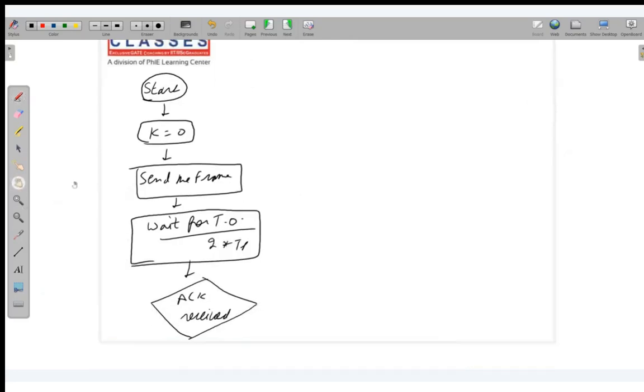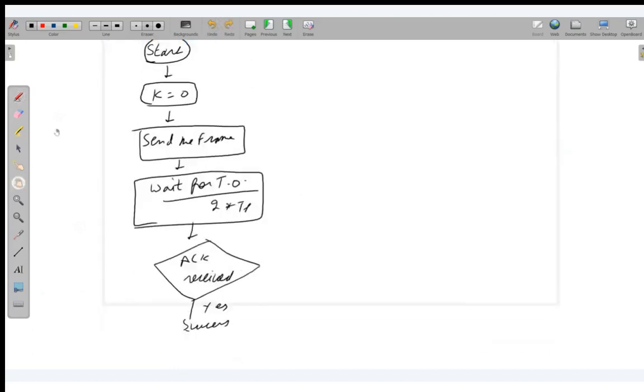ACK received, if it is yes, you will say success. Everything is fine, no need to do anything. Aloha is over. Okay, let me write it properly. Success. Okay, we have got the success now.